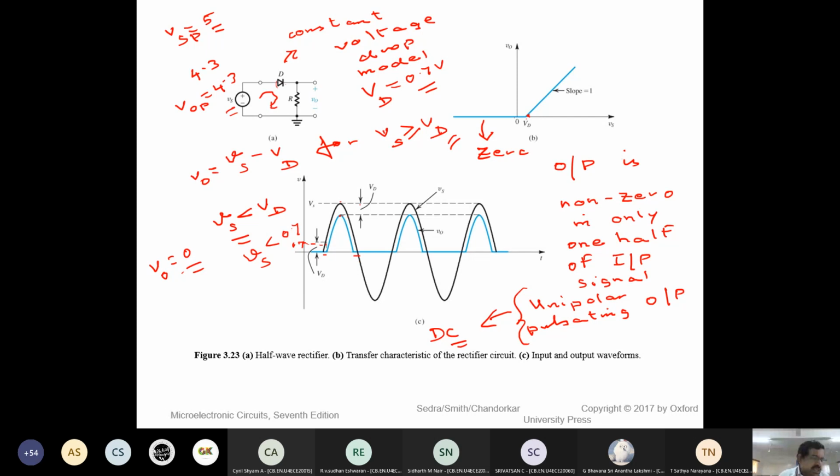Now how much peak inverse voltage? So that voltage will be equivalent to, in this case, under reverse bias, when this terminal is positive and this is negative, the diode will not be conducting.